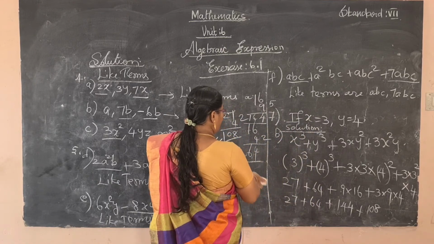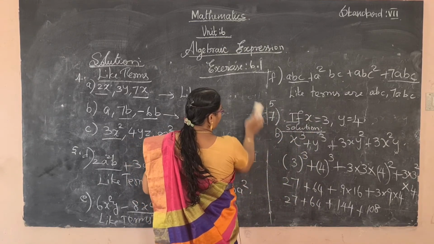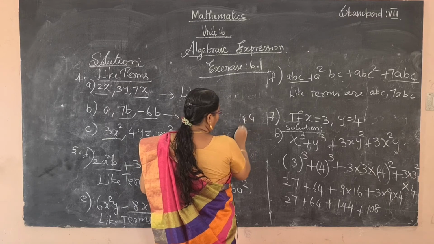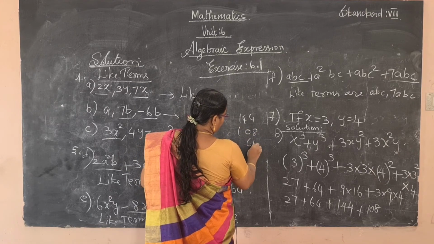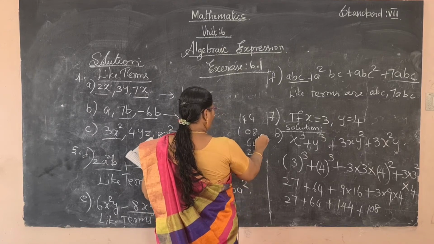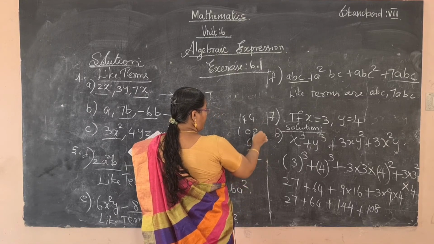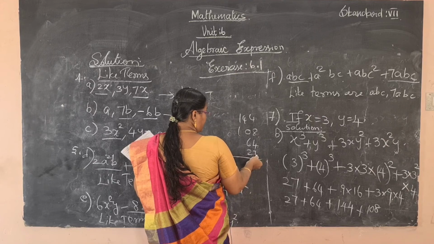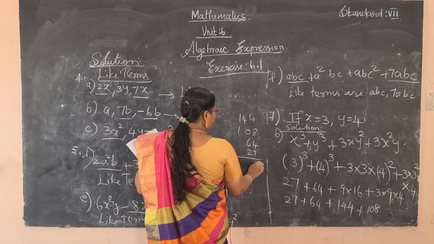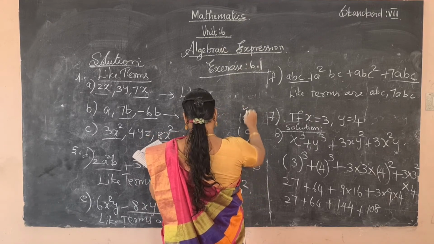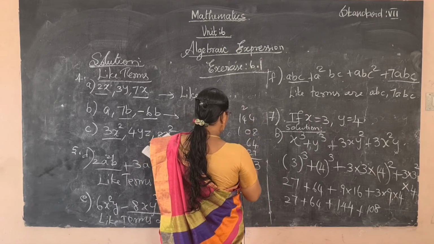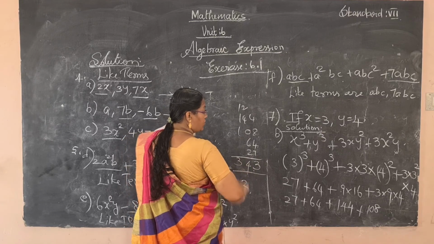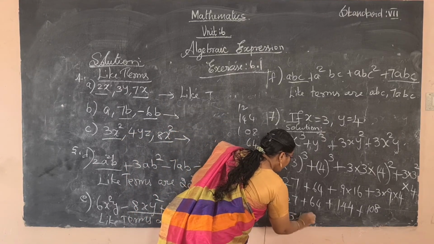Now add all the numbers: 144, 108, 64, okay, 27. Adding them up, we get 343.